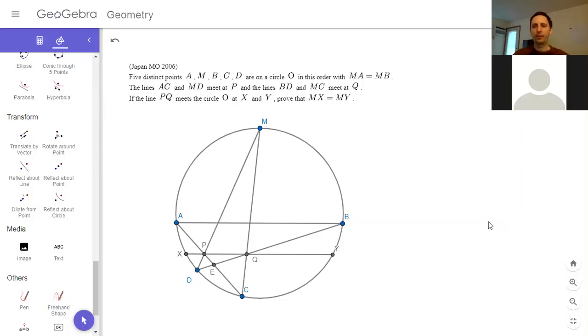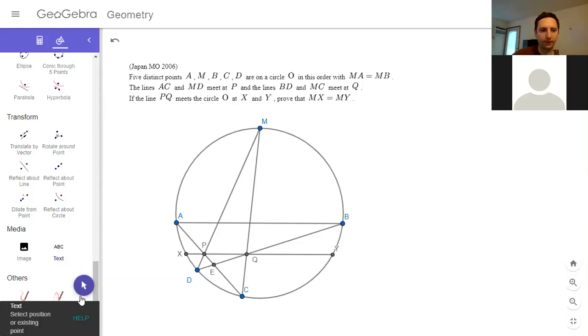How much do you know about projective geometry? I know Pascal's theorem. Right. So if we consider a hexagon A, M, M, so we consider M twice, B, C, D. Does this follow from Pascal's theorem? I'm trying to think. So we have AC and MD, MC and BD, and AB and MM, basically.